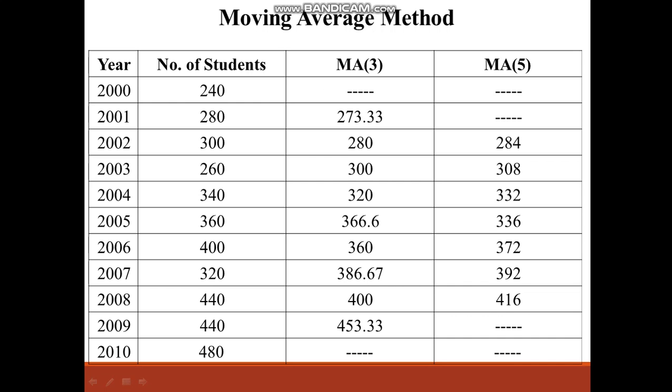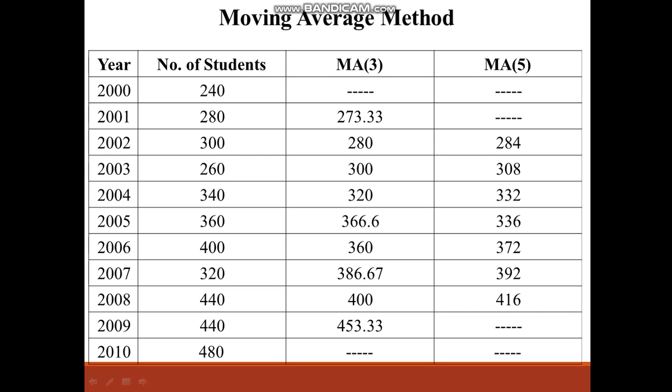So we will add 280 plus 300 plus 260 and divide them by 3, and we will put the result in front of 2002.